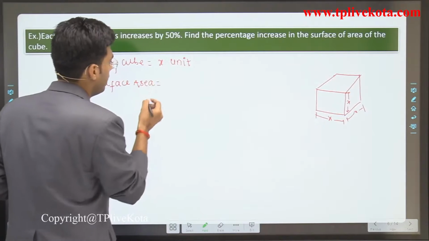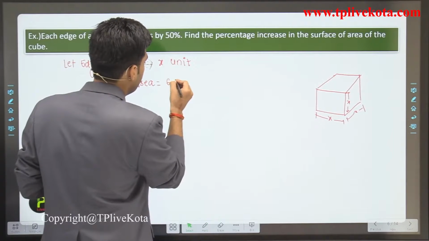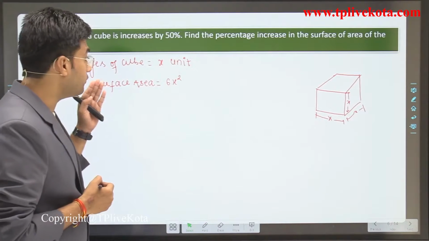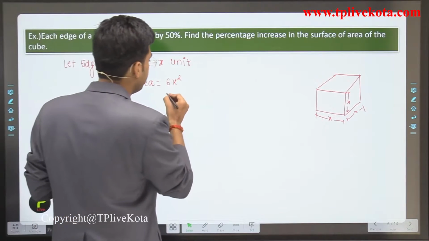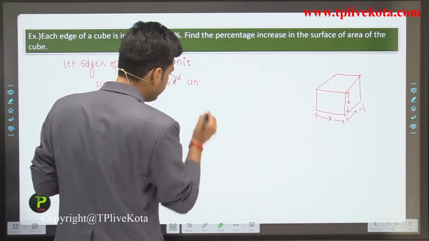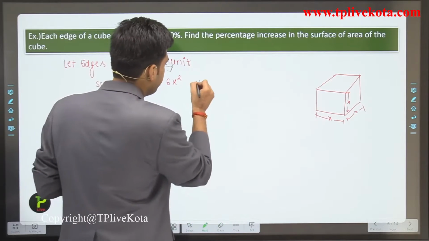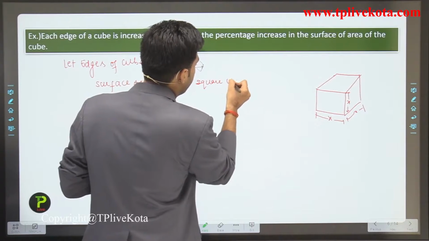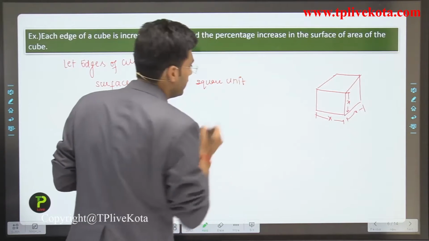So surface area is equal to what? 6 times of edge, 6 times of square of edge. So it is 6x square, 6x square unit. Clear?